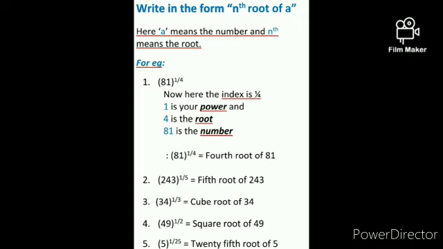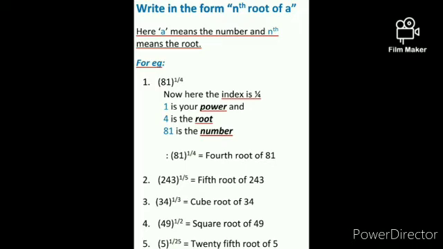Very good. Cube root of 34. 49 raised to 1 upon 2. 1 upon 2. Very good. Square root. Square root of 49.